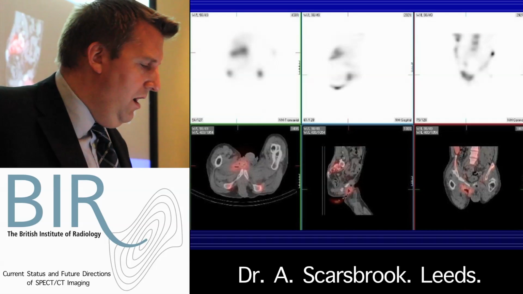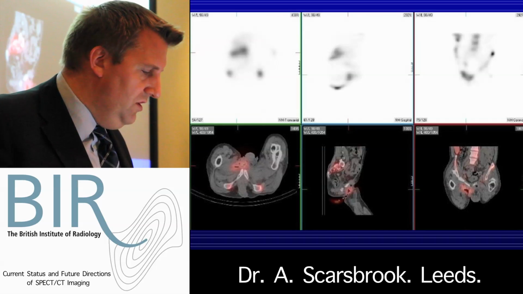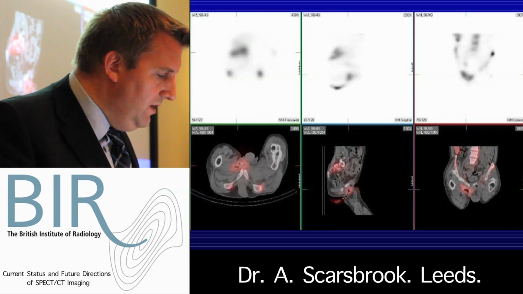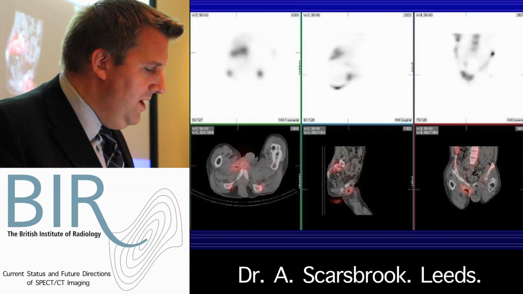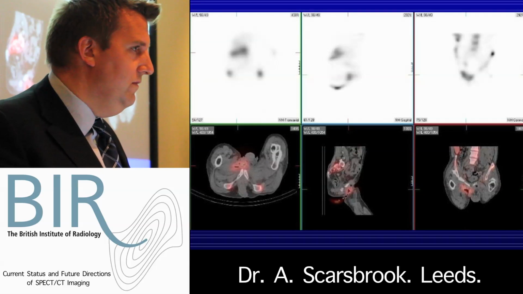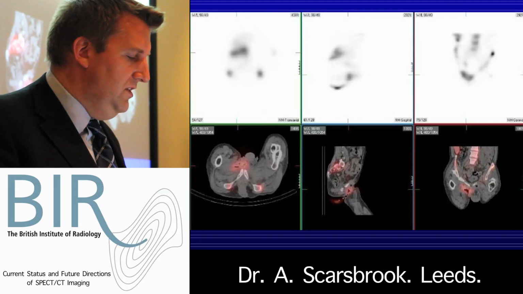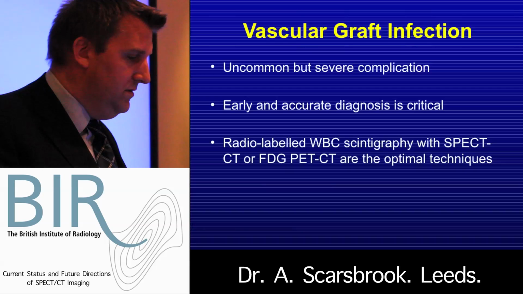Using the SPECT-CT you can clearly see that there is soft tissue infection within the perineal region, but there's also ischial and sacral osteomyelitis. So the combination of structure and function really gives you the full picture and allows you to take this case forward with confidence.